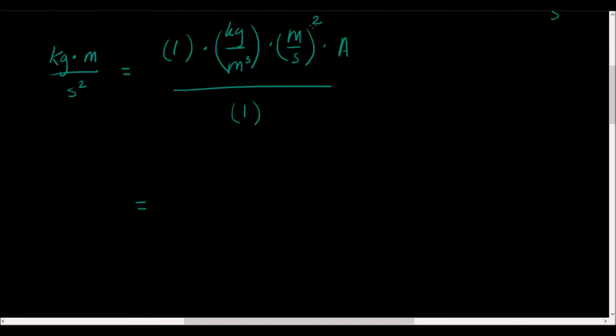Because the way that you will distribute it is on the right side of your equation. After you start combining everything, you'll just end up with kilogram per meter cubed from this density. We'll ignore this one for now because 1 times anything is still just that anything.